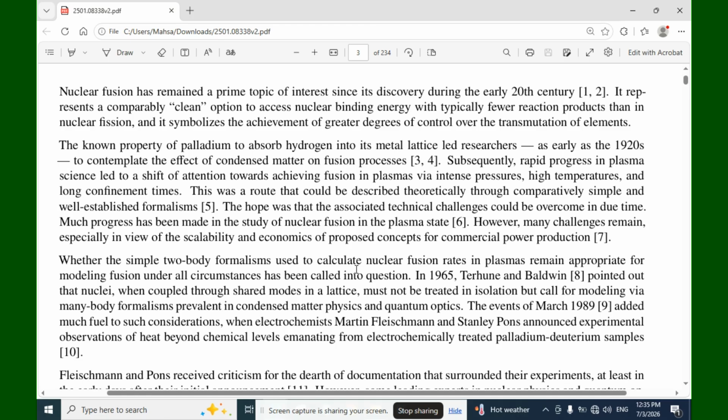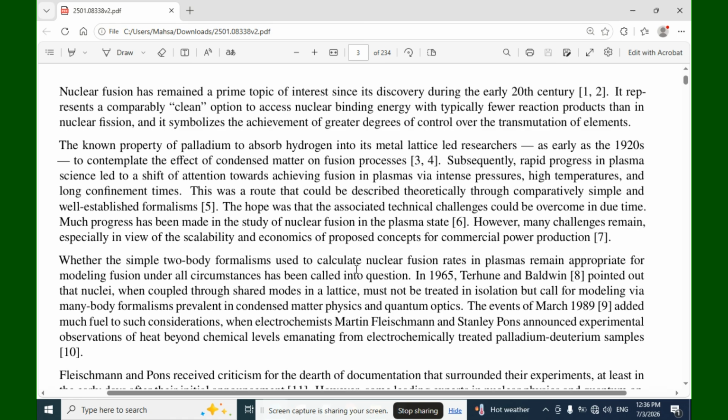Subsequently, rapid progress in plasma science led to a shift of attention toward achieving fusion in plasmas via high temperatures and long confinement times. This was a route that could be described theoretically through comparatively simple and well-established formalisms.